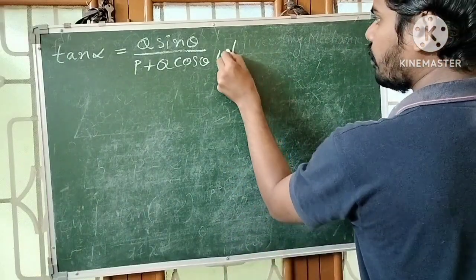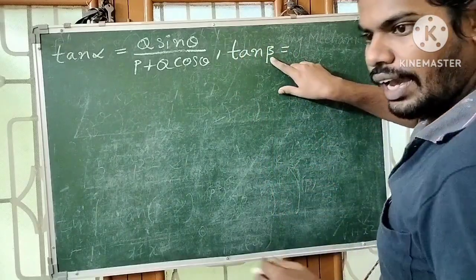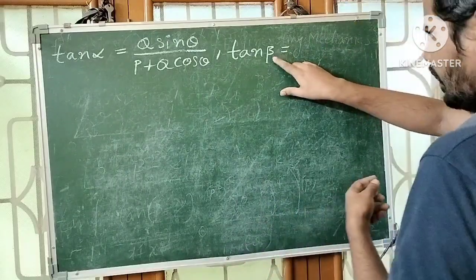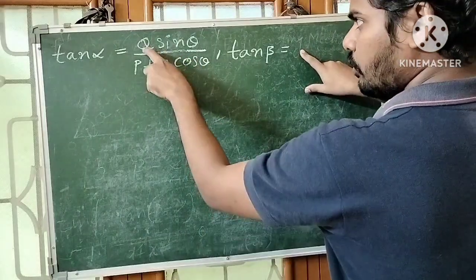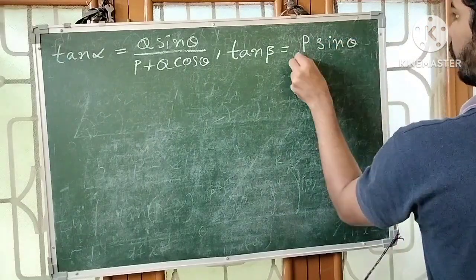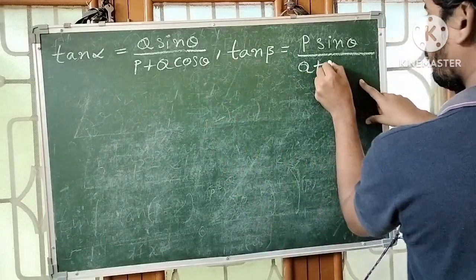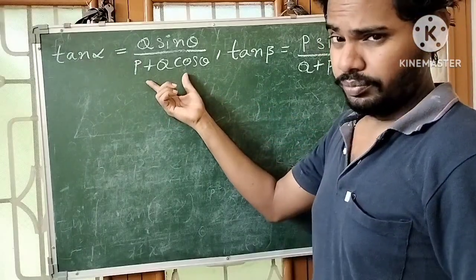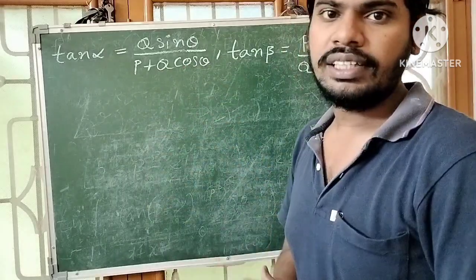In case 2, tan beta is equal to, where beta is angle made by the resultant with the vector q bar. So tan beta is equal to, so we have to interchange the positions of p bar and q bar. So here q becomes p, sin theta by q plus, instead of q, p cos theta. Even if you derive the relations for tan alpha and tan beta, you will get same equations.